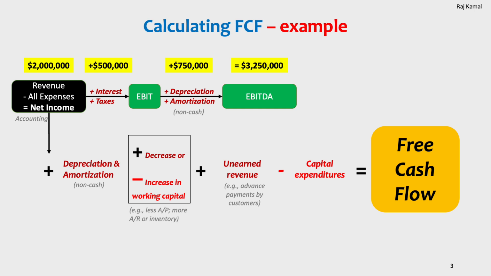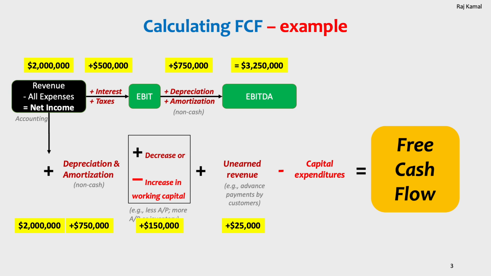Now, if we take the path which is going downwards and use similar data, we see that net income plus depreciation and amortization are $2.75 million. Let's also assume that we have $150,000 of plus working capital, which could have come about by a decrease in working capital requirements.